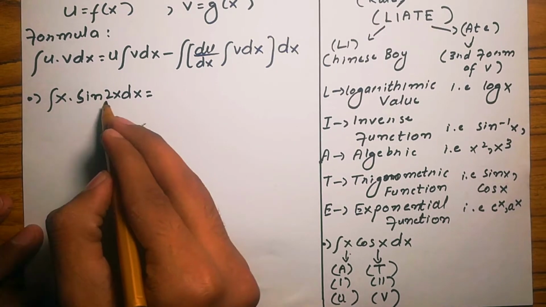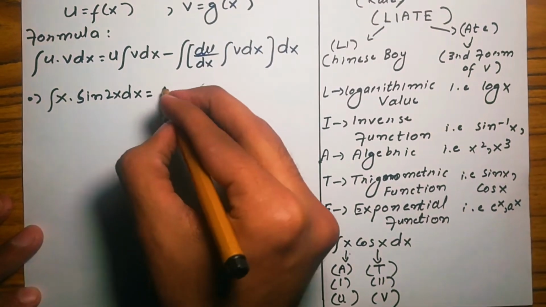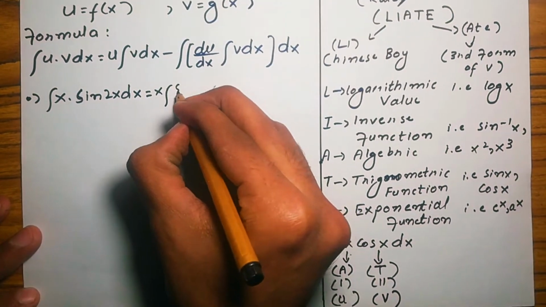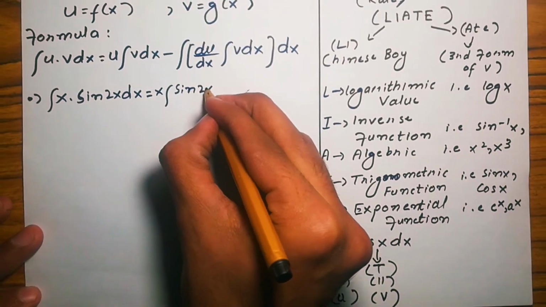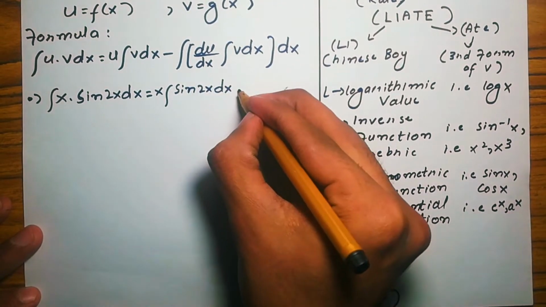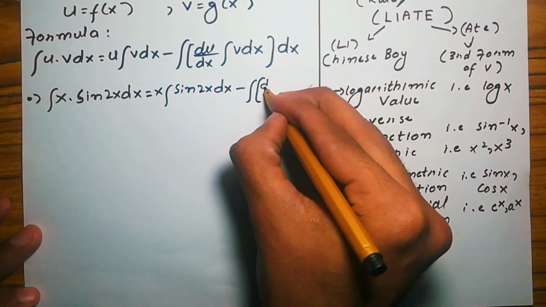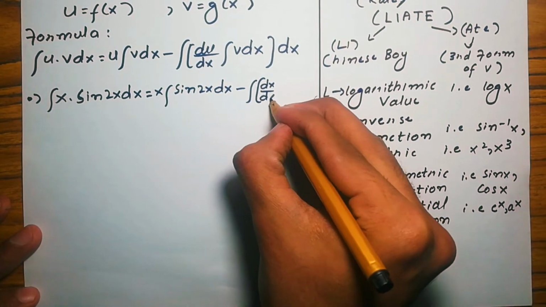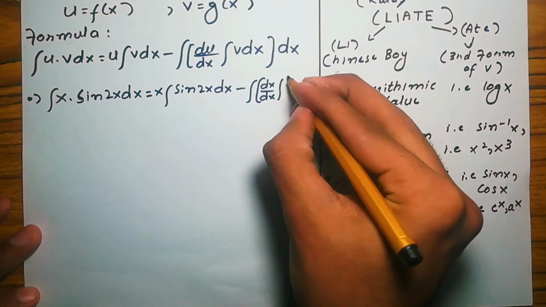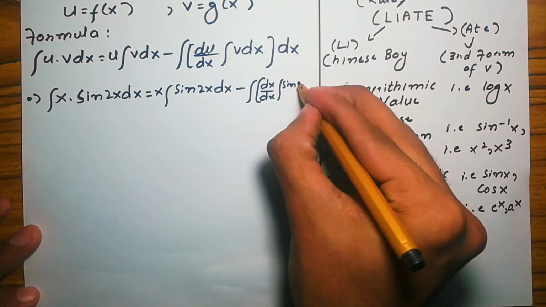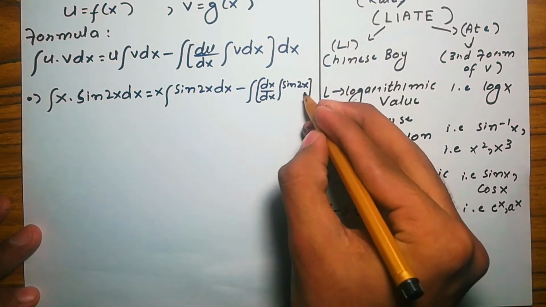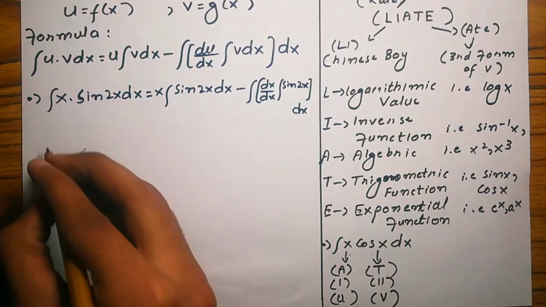So it will be u and it will be v, and according to this we will solve it. x sin 2x dx minus the integral of (dx upon dx times the integral of sin 2x) dx.